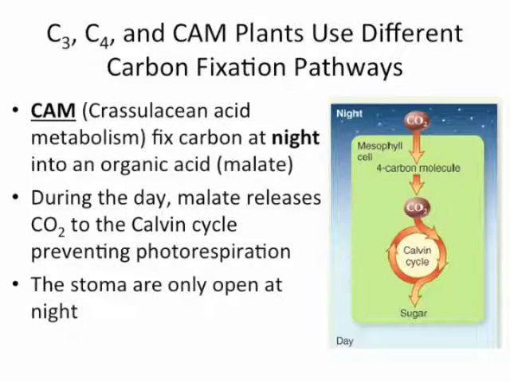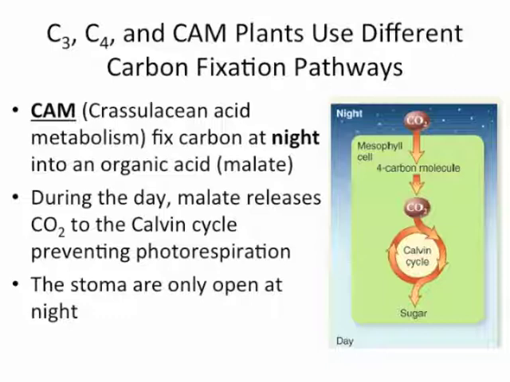Here's the other method, which is a similar idea, but just a different way. So in CAM plants, crassulacean acid metabolism, which you don't need to know that name, but just be able to recognize CAM, instead of having two separate cells, one for carbon fixation and light reactions and one for the Calvin cycle, they have one cell, but they fix carbon at night.